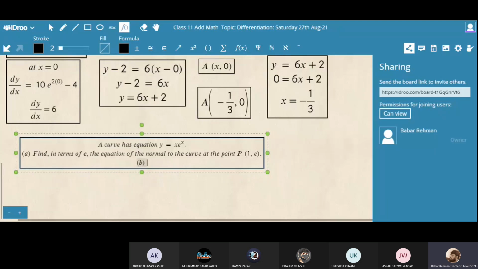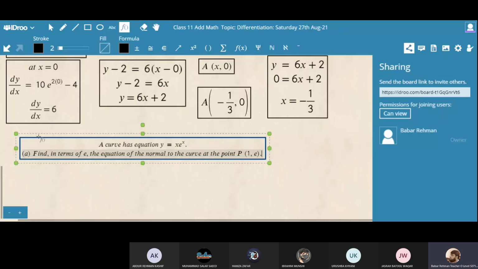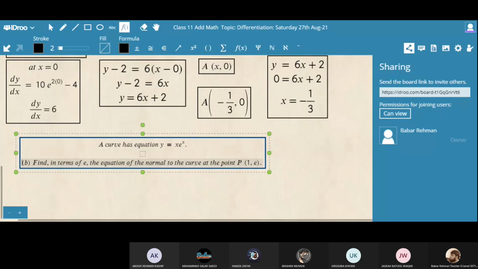Find in terms of e. Sorry, this is b part. Let me write b over here, and then I will write a part. Don't worry, make it b.